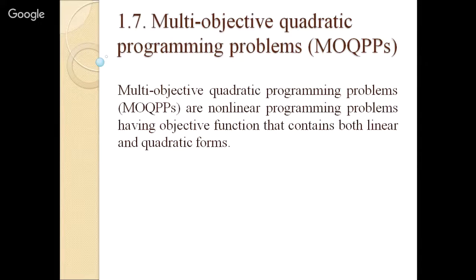As we know, a quadratic form is like, for example, the function fi(x) is ci x plus x transpose di x. This is your linear part, a linear function. This is your quadratic function.